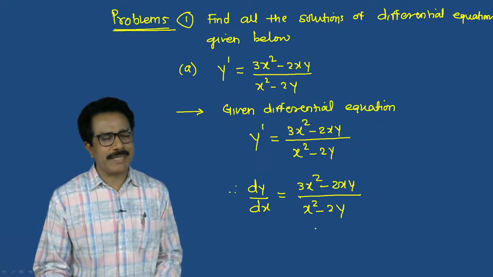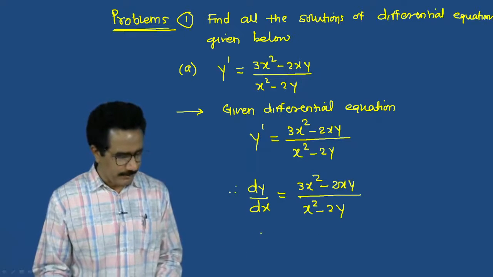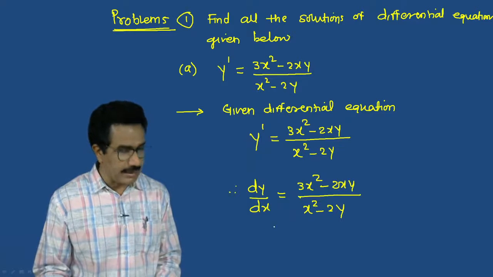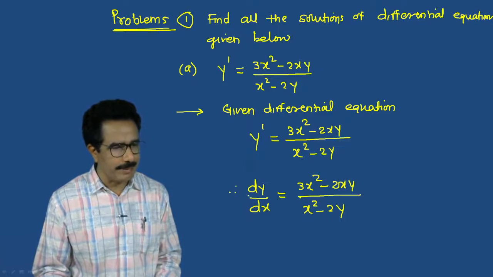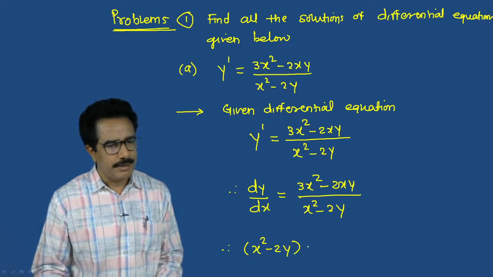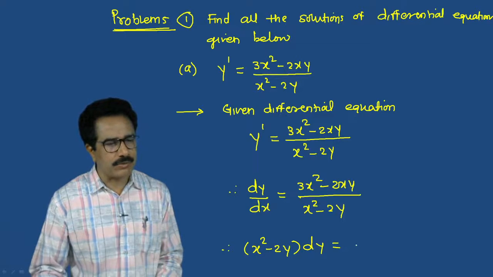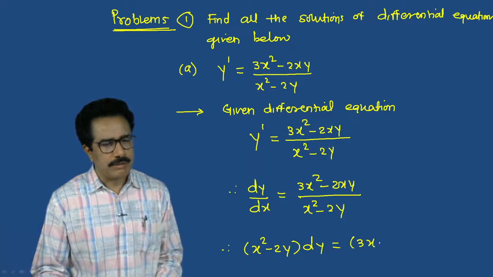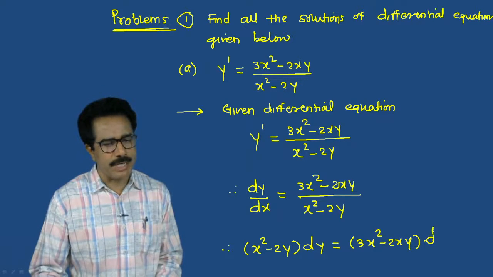Now take cross multiplication. So x square minus 2y into dy is equal to 3x square minus 2xy into dx.